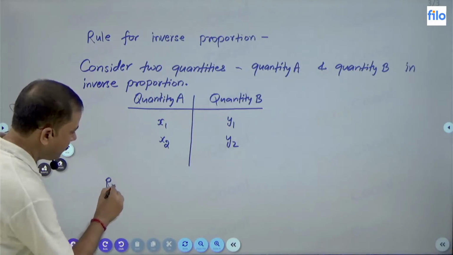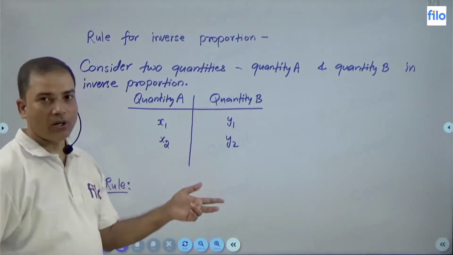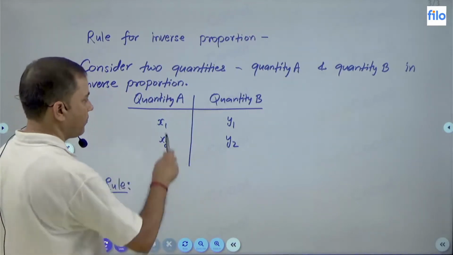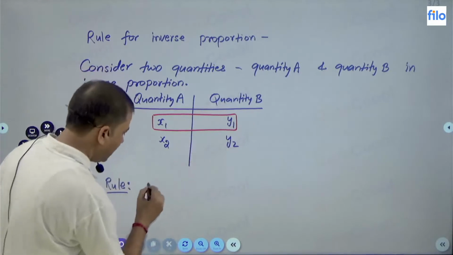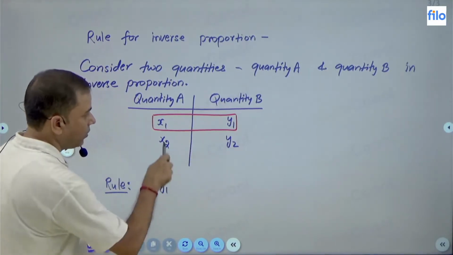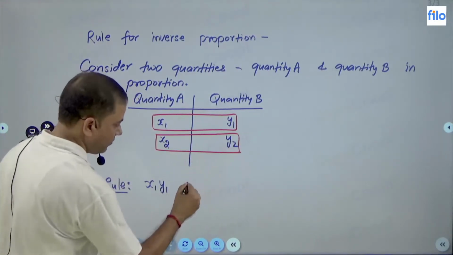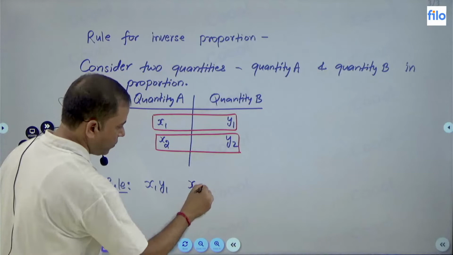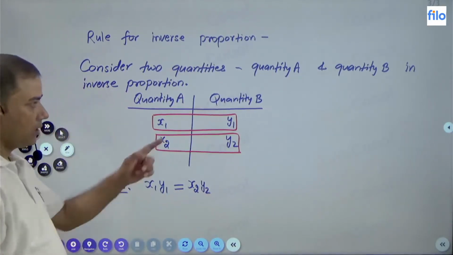This time the rule is that the ratio is not the same but the product is the same. In the first line you have these two, x1, y1, you will multiply them, and on the second line x2, y2, multiply x2, y2, they will be equal. See the example how.